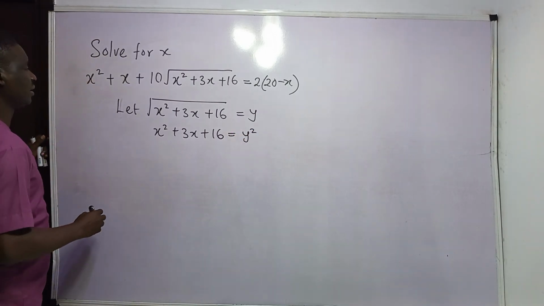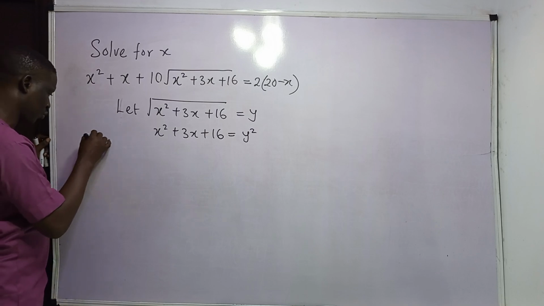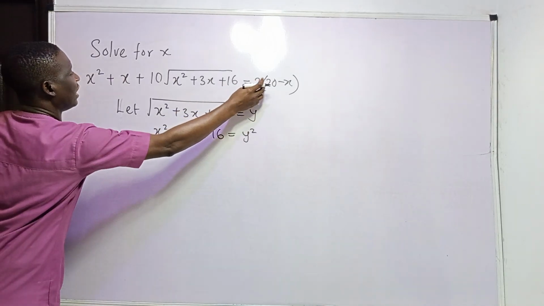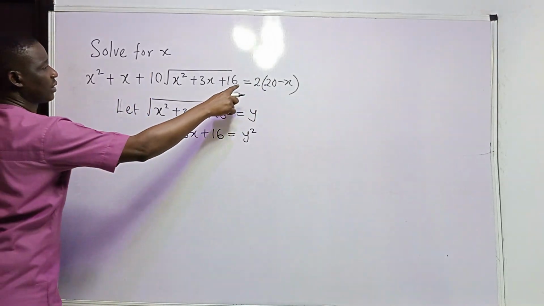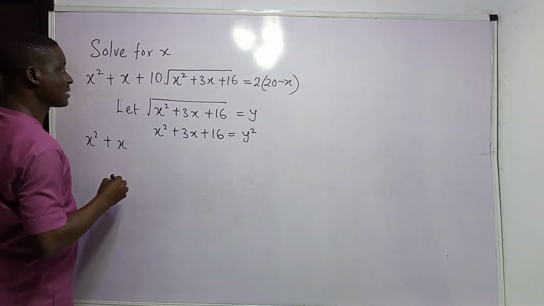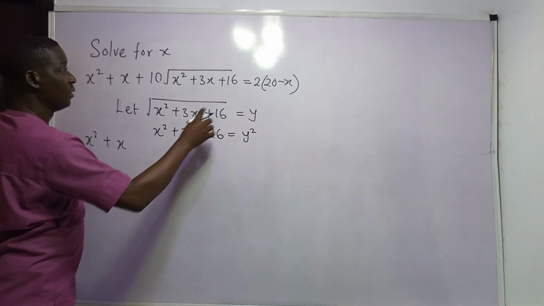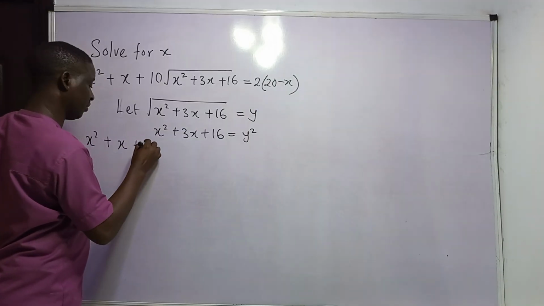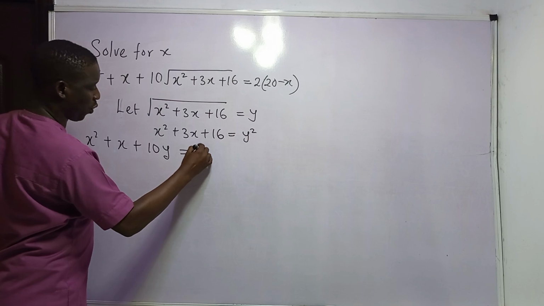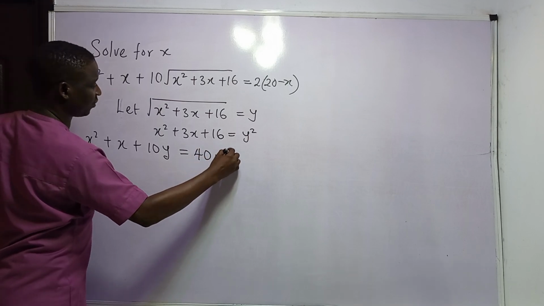Leave that one like that. Now let's substitute inside. First of all, let me rearrange so that we can see properly. So x, if this one opens the bracket, plus 10y equals 40 minus 2x.